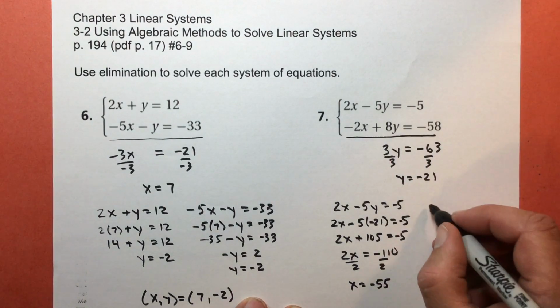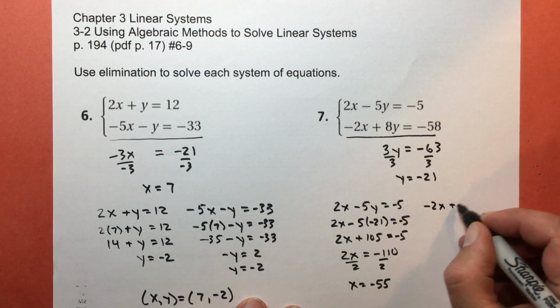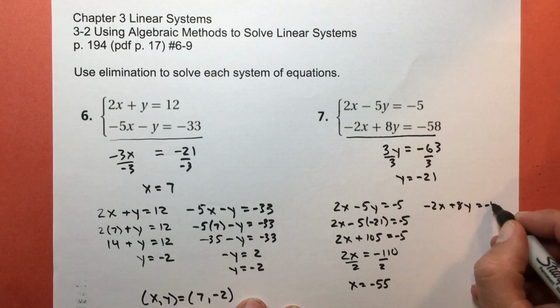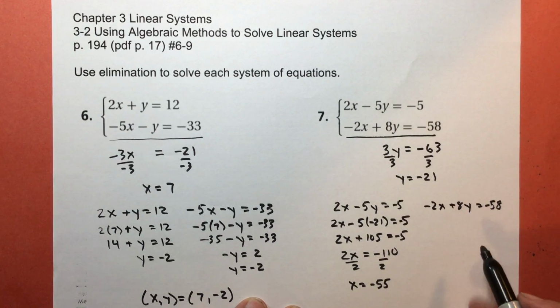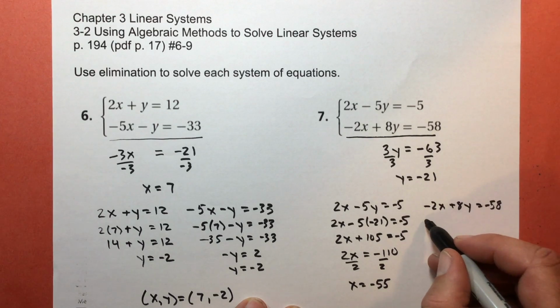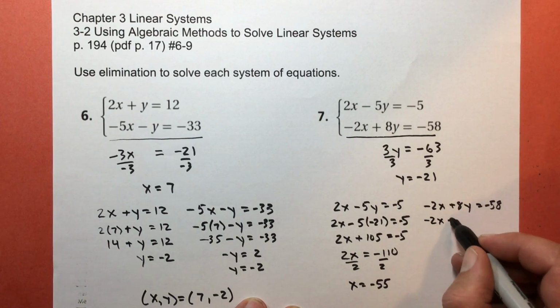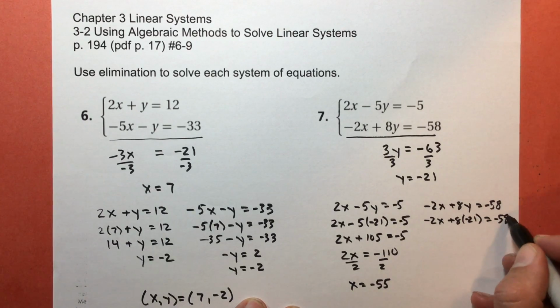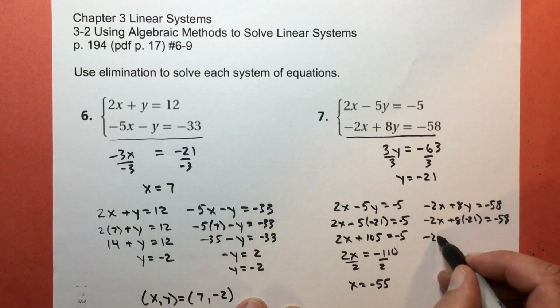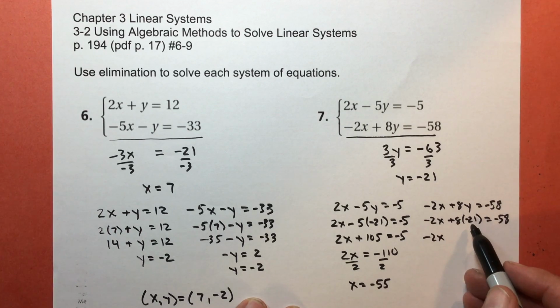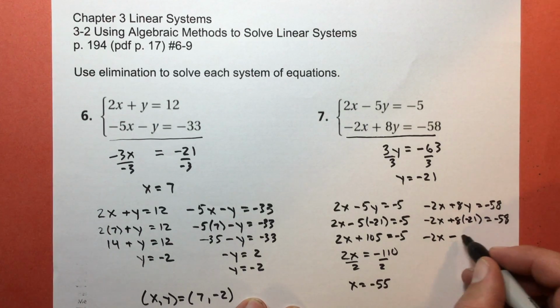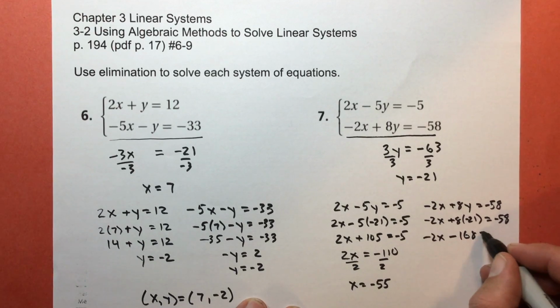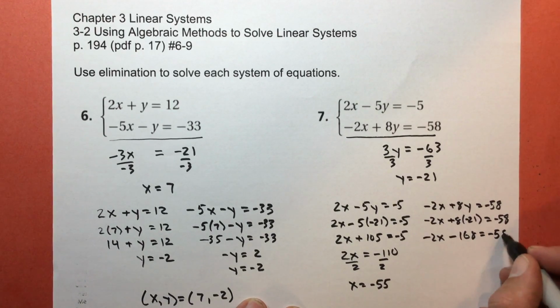Let's try it with the other one. Negative 2x plus 8y equals negative 58. My y is negative 21, so I do negative 2x plus 8 times negative 21 equals negative 58. 8 times 21 is 168. Positive times negative is negative, so negative 168.